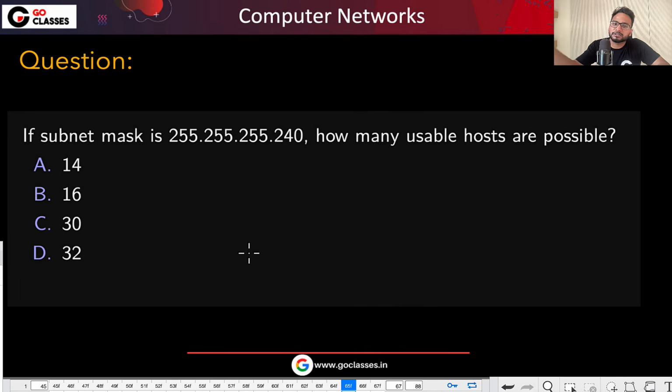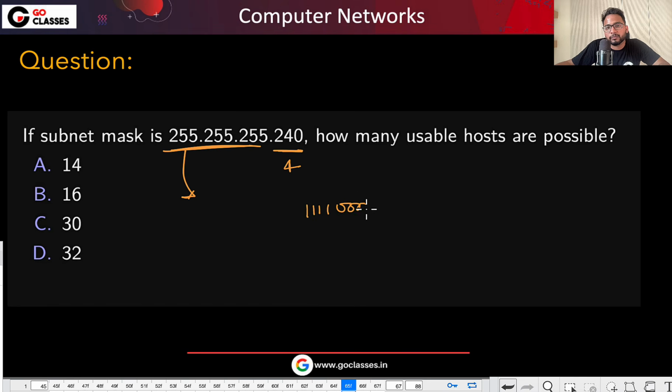If the subnet mask is this, what does this mean? It means you have 1s everywhere in the first 16 bits, and then this octet is 15 less than 255, which means the last 4 bits are zeros and the initial 4 bits are ones here.